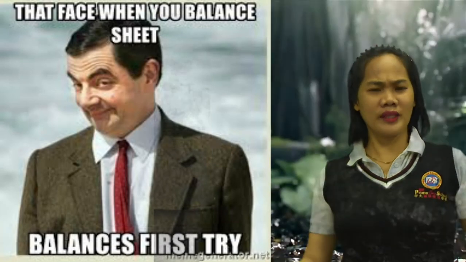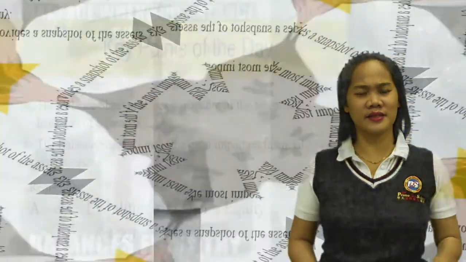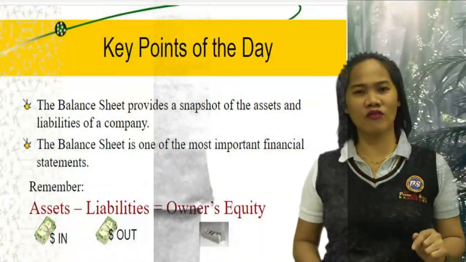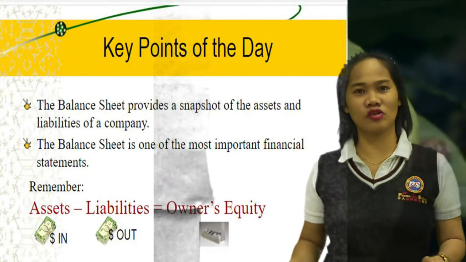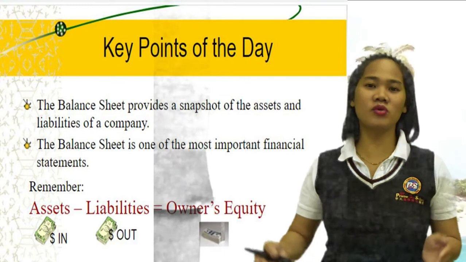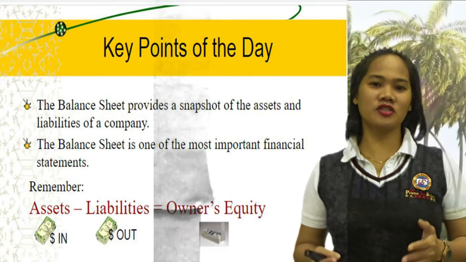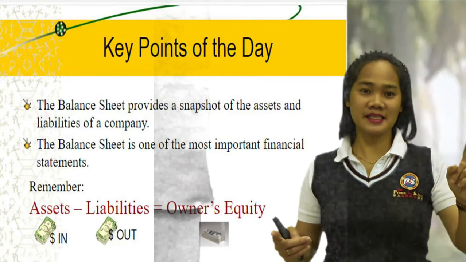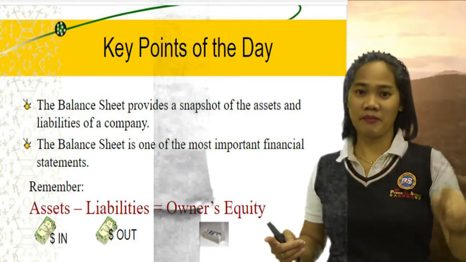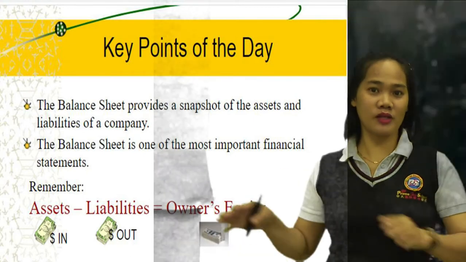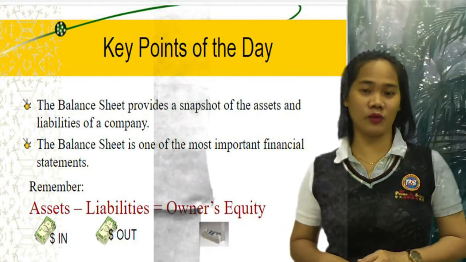So now, what are the key points of the day? The balance sheet provides a snapshot of the assets and liabilities of a company. Also, the balance sheet is one of the most important financial statements. Remember that assets, money in, minus liabilities, money out, equals our owner's equity.